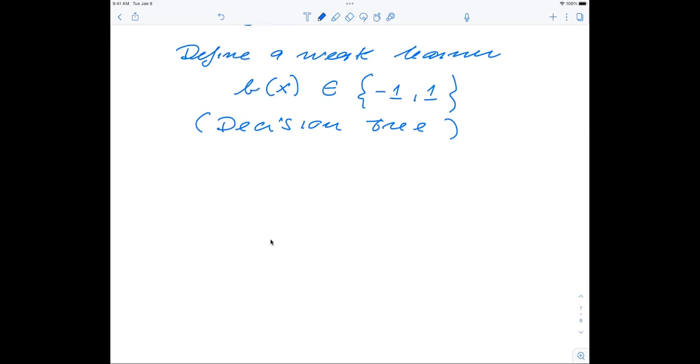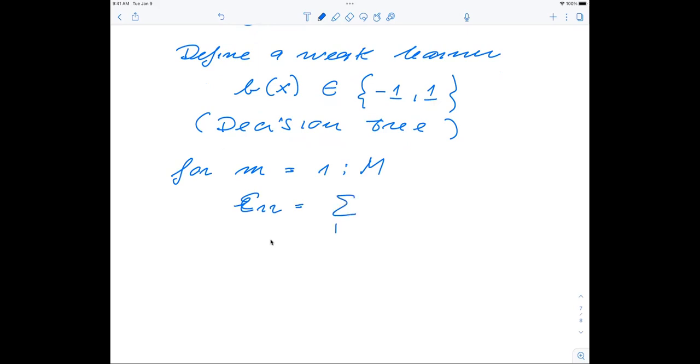Then we would now have a loop for m equal 1 to uppercase M. We will then find the weak learner that optimizes the error. So we want to calculate epsilon m, and in this case, we want to optimize this problem here.